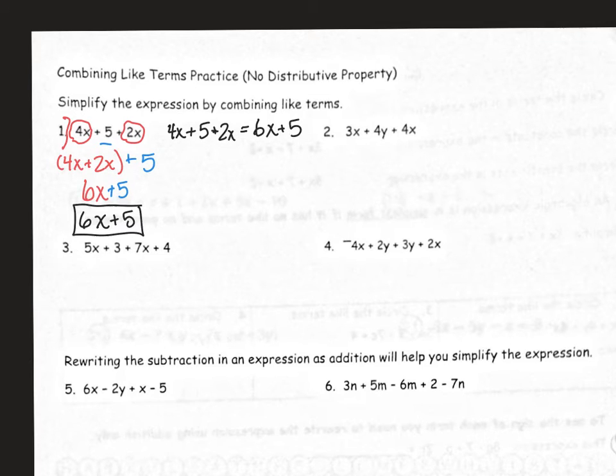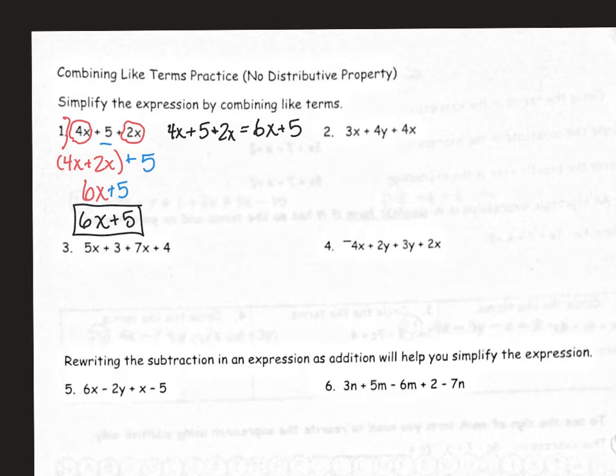They should actually have the same value, even though they look different. So if that's true, then I should be able to pick any value I want for x and plug it in, and the original and the simplified version should be the same value.